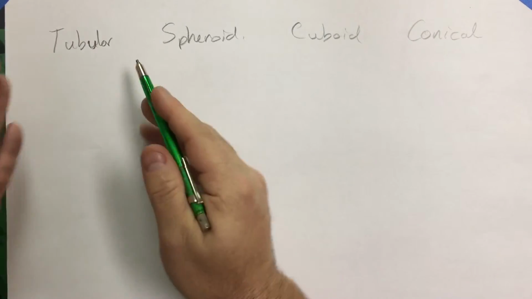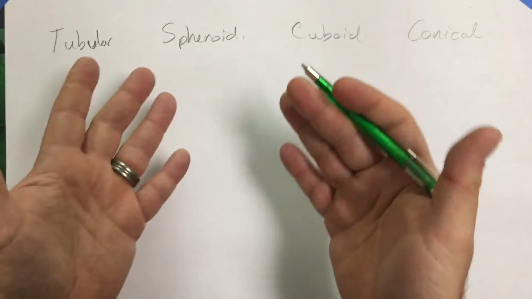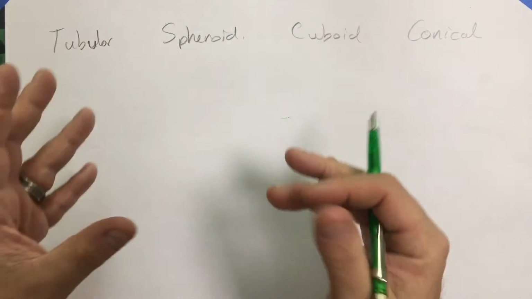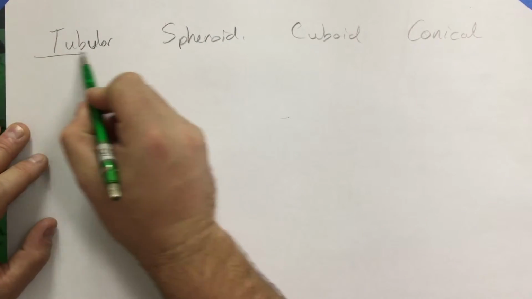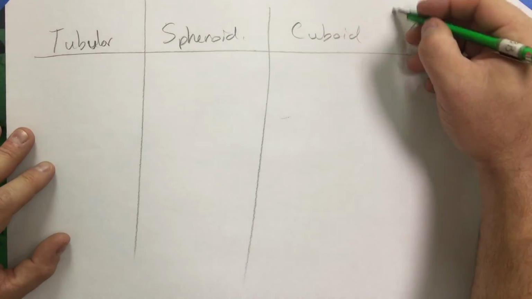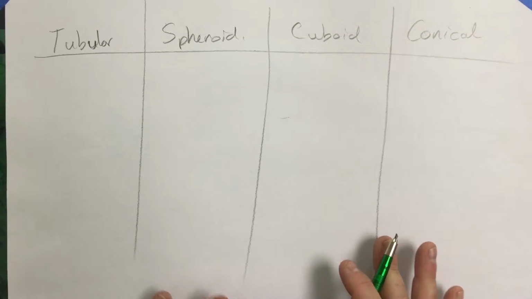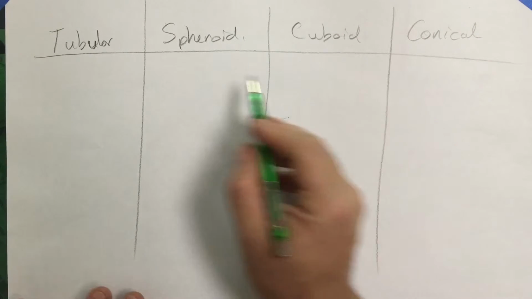Okay, so tubular is a cylinder or a tube. I use the term tube because tubes can bend, but what we're talking about there is cylinders. Spheroids are overall round forms. Cuboids are going to be angled or cornered forms, and conical is going to be cones.